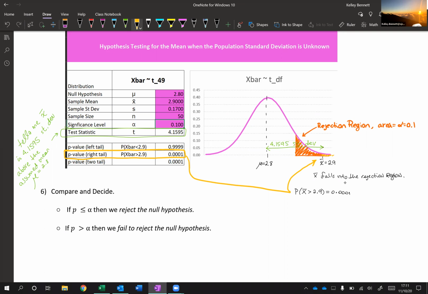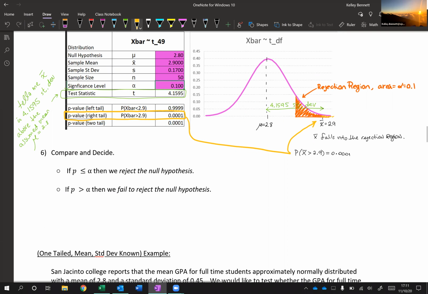All right, so now we can just go ahead and conclude. We know that p is less than or equal to alpha, because 0.0001 is less than 0.1000. That's like saying $1 is less than $1,000, and absolutely it is.